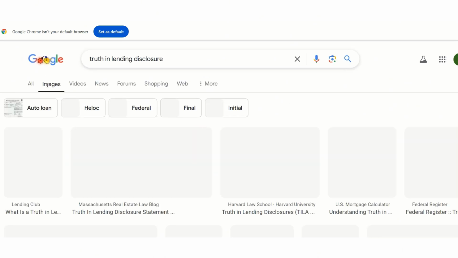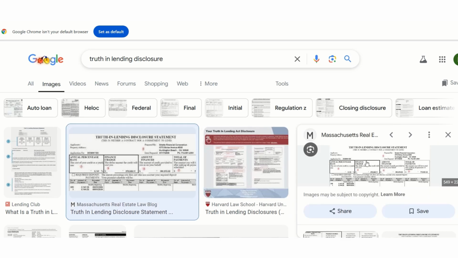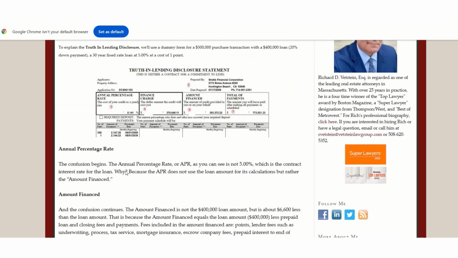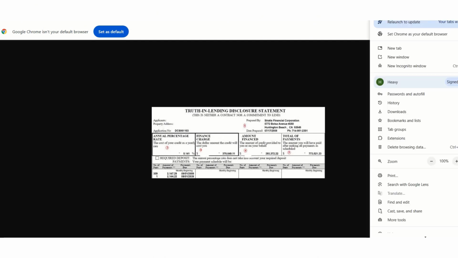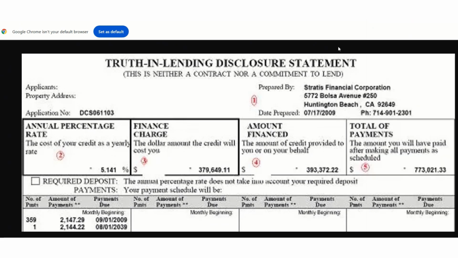The images. All right, let's go to this one. See if I can blow this up. Damn, can I get larger? All right, there we go. So the finance charge, right?